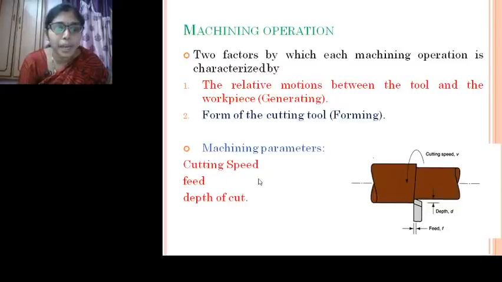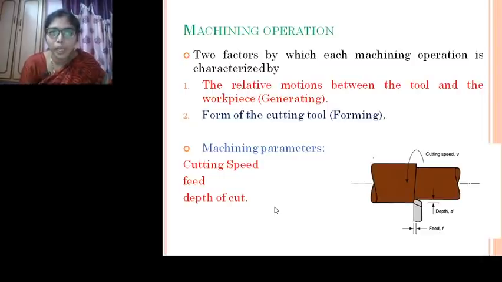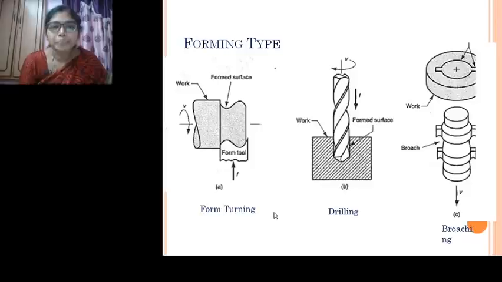And by increasing the cutting speed, you can get finer cuts, right? So by varying these parameters, we can get different machining conditions. Whatever the machining operation is, it will be dependent on these three parameters, right?